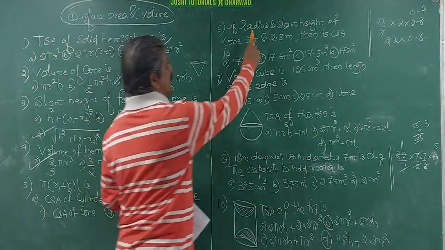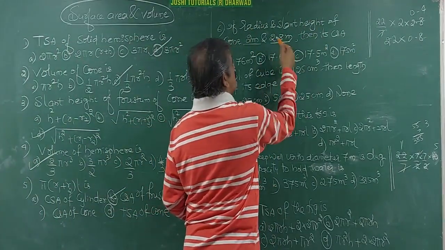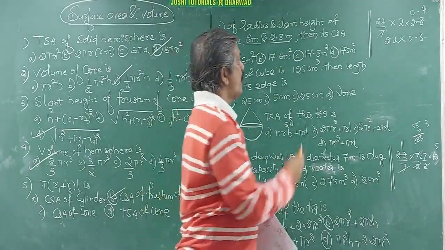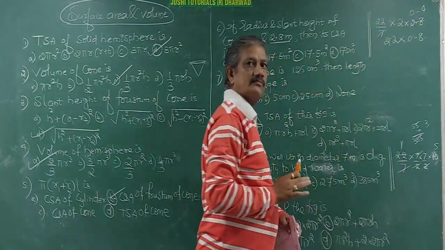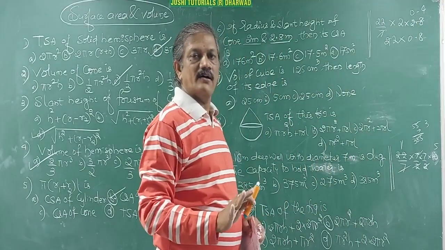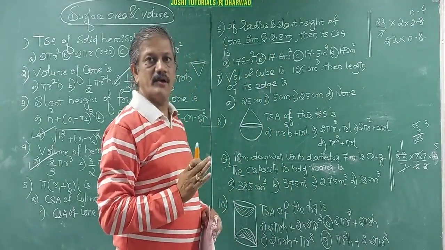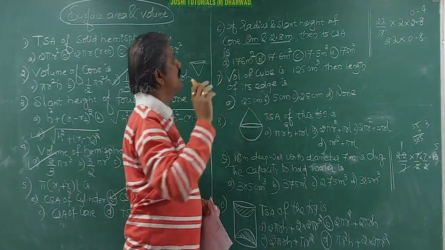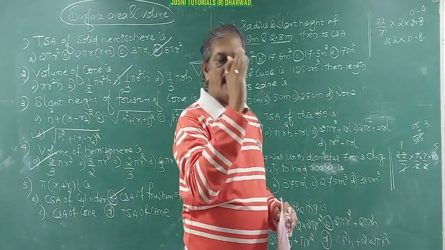Next, if radius and slant height of the cone are 2 and 2.8, then CSA is. Don't write the formula. Now we are in the calculation part. Pi r square h is the CSA of cylinder. For cone, it is pi RL.